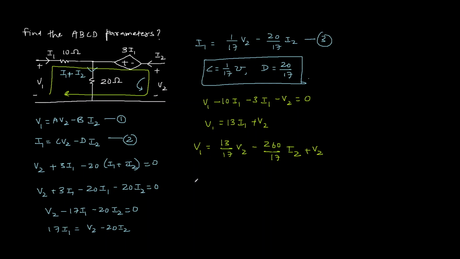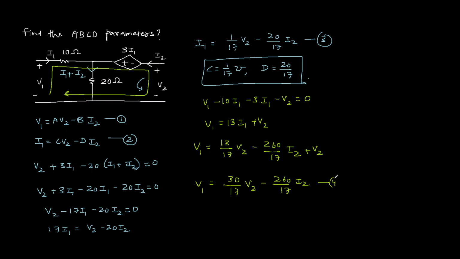So this V1 is 13 over 17 plus 1 into V2, which is 13 plus 17 over 17, and 13 plus 17 is 30, then 30 over 17 V2 minus 260 over 17 I2.